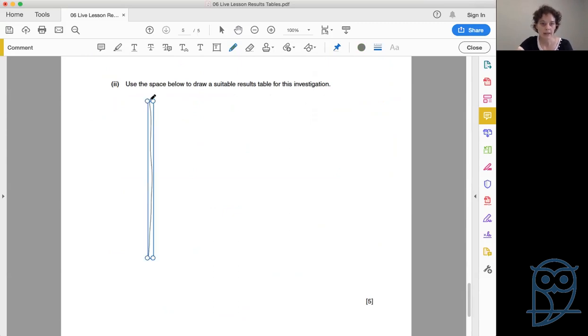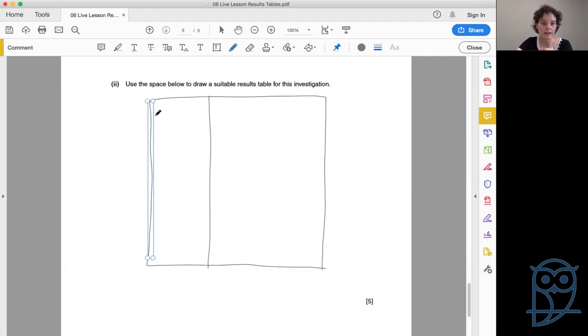Ruler and a pencil. I talk too much in these lessons. I know my heading here is going to be shorter, so I make my column narrower. Give myself space, and then give myself 4 rows for data.